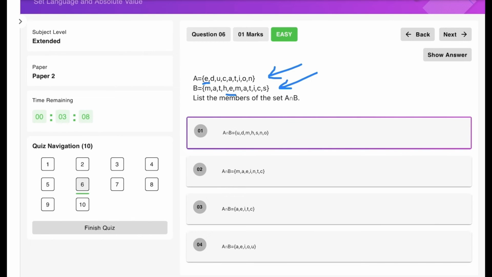We can also see A, and we can see T. I is there. And I think, what else do we have? Oh, we have C, right? Education has a C. Mathematics has a C as well. So therefore, we're going to go with option number 3.